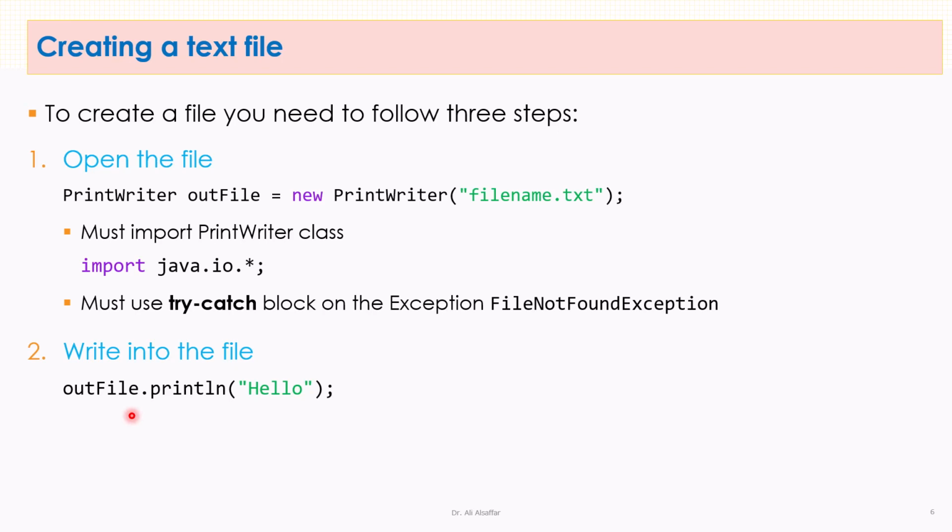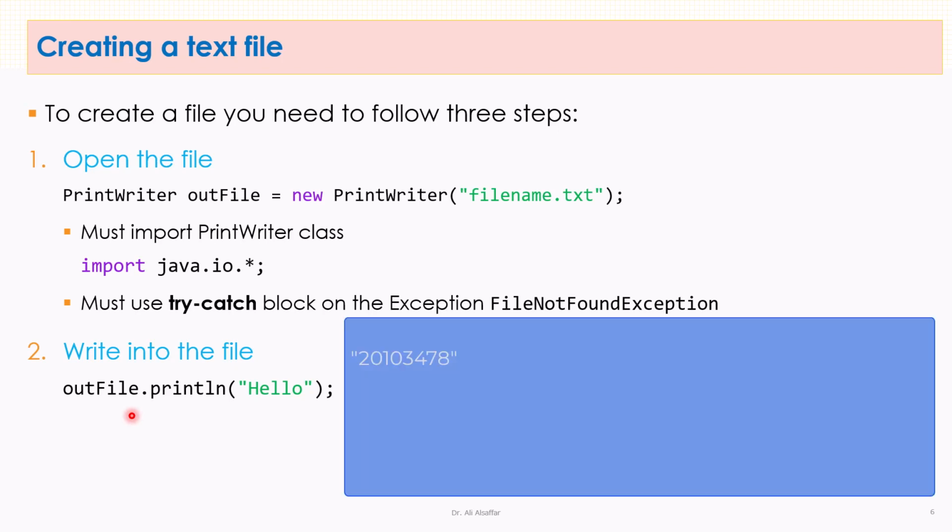What you need to understand is that writing a number as a string into the file, when it is enclosed between double quotation marks, is not the same as writing the number in binary. For example, suppose you want to write the student ID 20103478 into a text file. Since the number is represented as a string, each digit will be represented by the corresponding ASCII code.